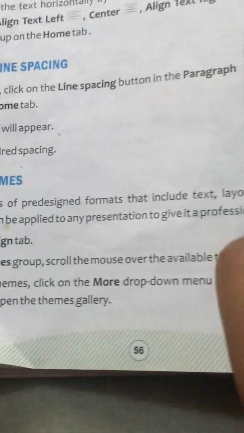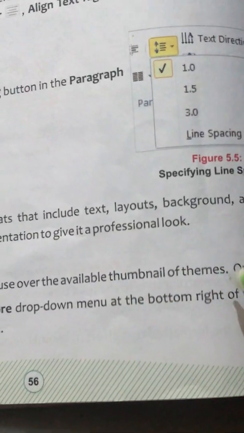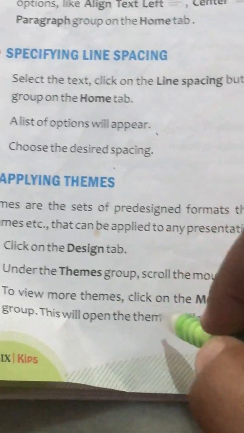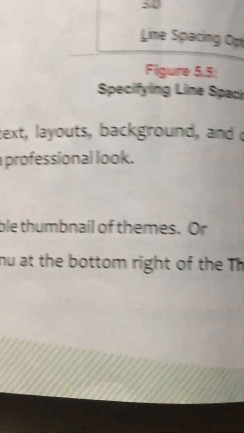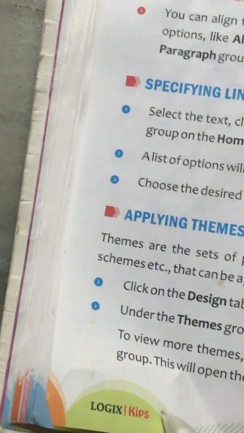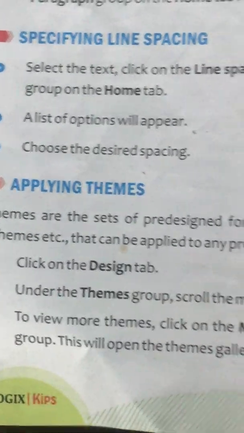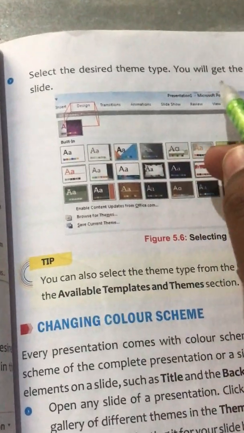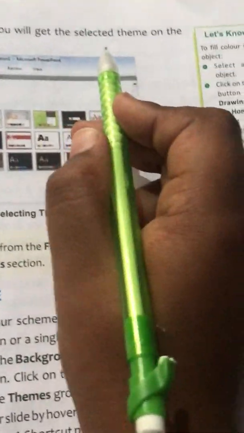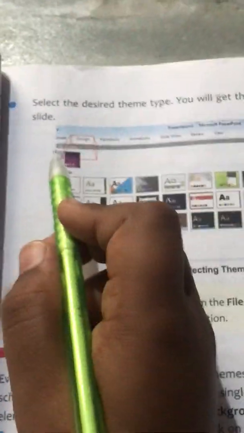Scroll the mouse over the available thumbnails of themes, or to view more themes, click on the More drop-down menu at the bottom right of the Themes group. This will open the themes gallery. Select the desired theme type. You will get the selected theme on the slide.